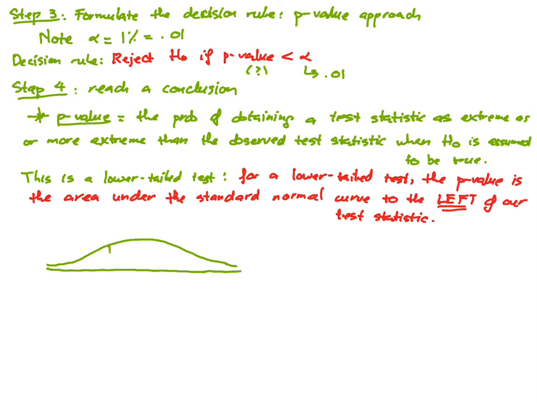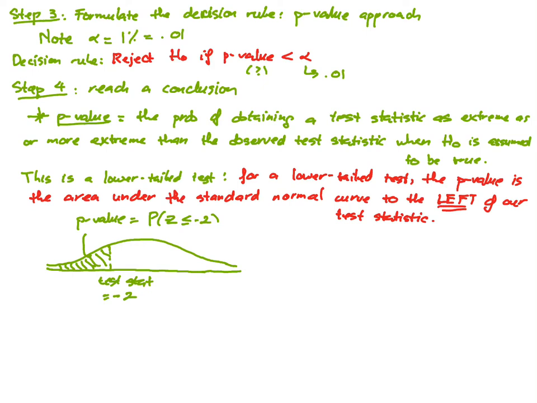Our test statistic here is -2, and so by this definition, the p-value is the shaded area. But this is just the probability that z is less than or equal to -2.